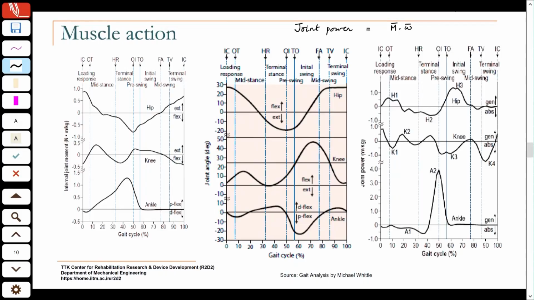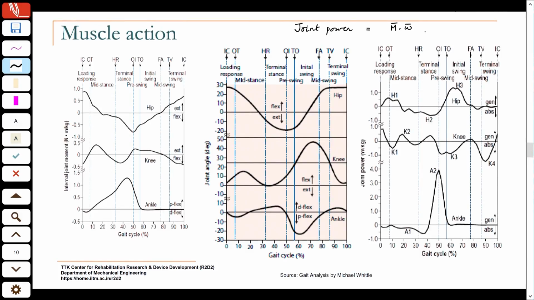Okay. So, if you look at this, when your internal joint moment is in the same direction as the angular velocity of the joint, then you have power generation. Okay, that means the muscle is undergoing concentric action, you have power generation.